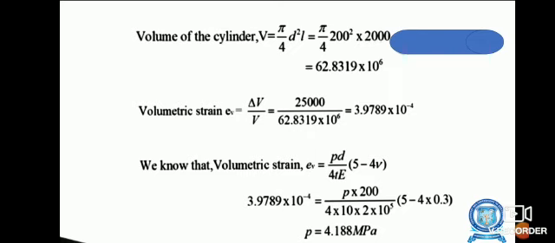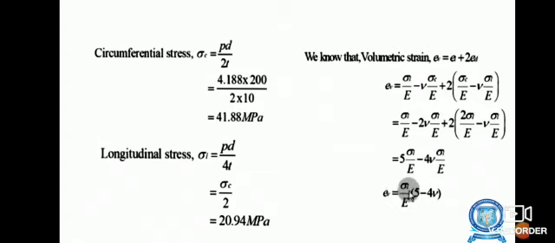We simplify that formula. What is the answer? P is equal to 4.188 megapascal. So we have found the pressure value. Pressure P is equal to 4.188 megapascal. Next we find the circumferential stress and longitudinal stress.